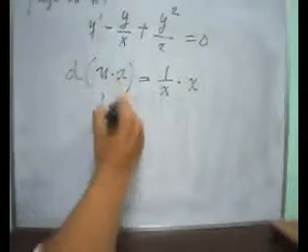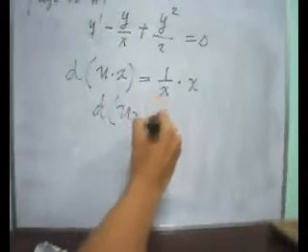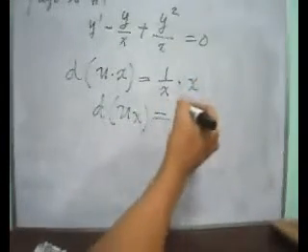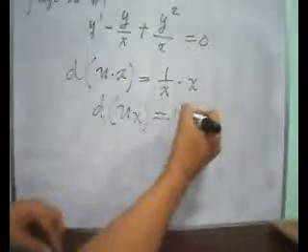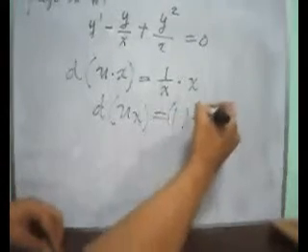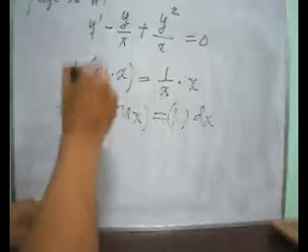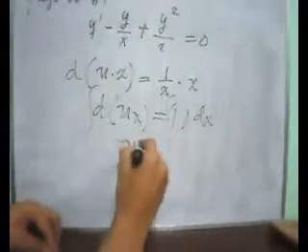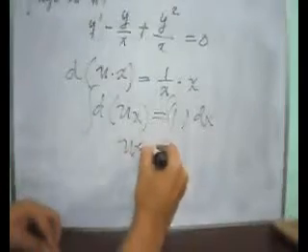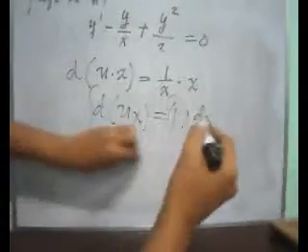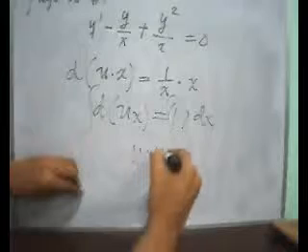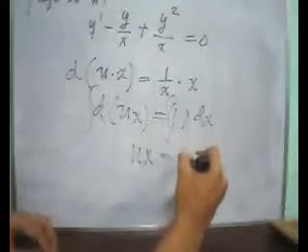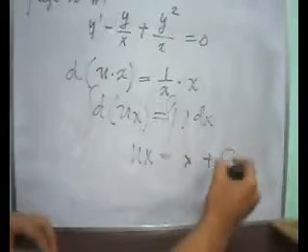This is equal to derivative of ux equals 1, and then we have here 1 times dx. So integrate both sides. We have ux is equal to x plus c.